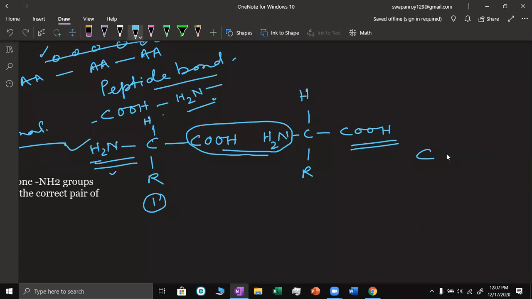So this one is C terminal. And in this way it continues. This is the first one, this is the second one, the third one will join. The next peptide bond will form between the carboxylic group of the second amino acid and the amino group of the third amino acid. So again, the carboxylic group on the right side will be free. So it is the C terminal.